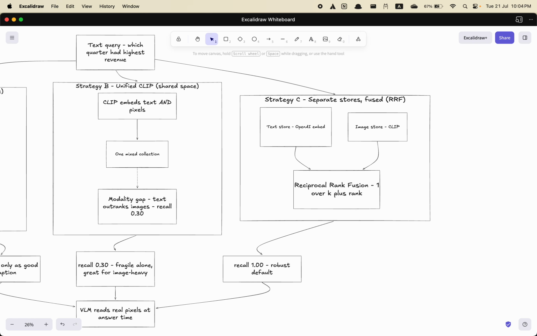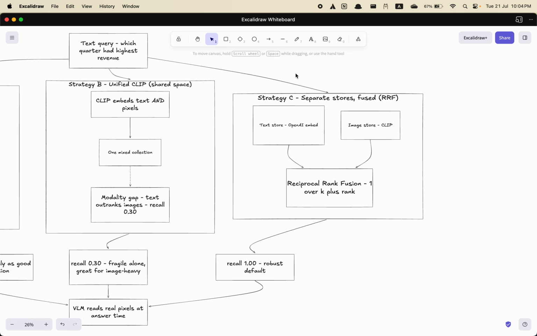And then the last one is where we keep separate stores and then fuse them by rank with reciprocal rank fusion. Each modality, text and image, uses its best embedder, and you merge by position, not a raw score. You can never compare raw scores from different embedders because they really don't relate to each other.